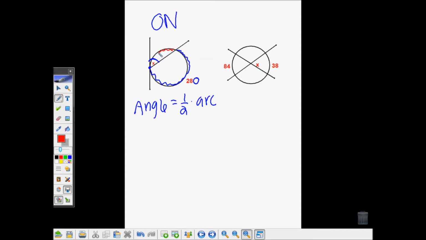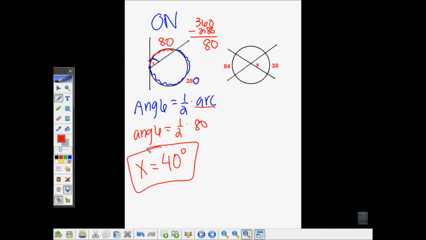So I need to take 360 minus 280, which is 80. That's my arc. So my angle equals 1/2 times 80, or 80 divided by 2, which is 40. So x equals 40 degrees.